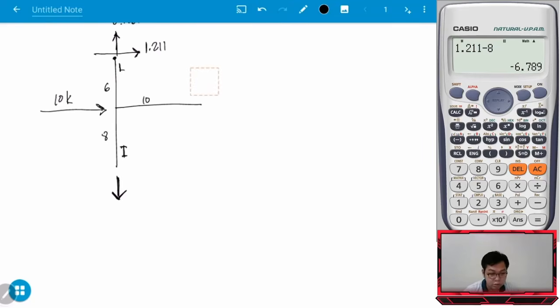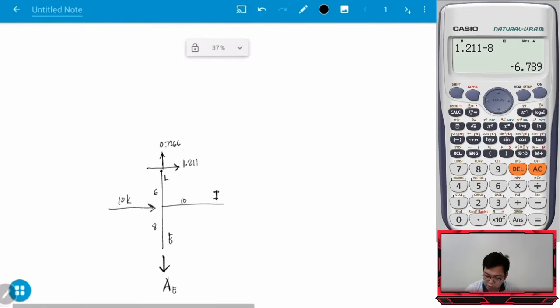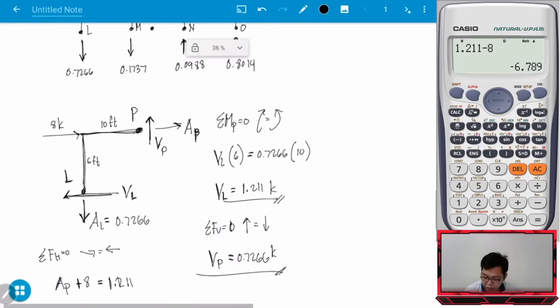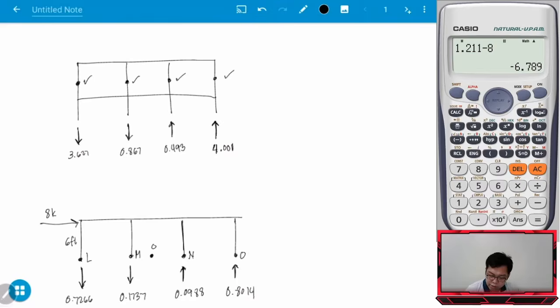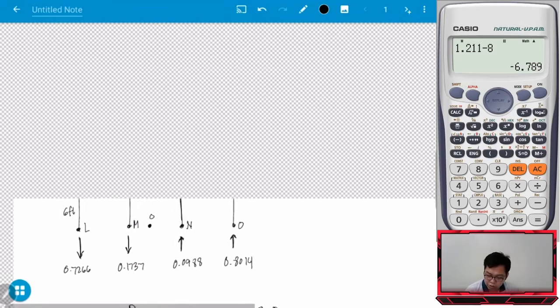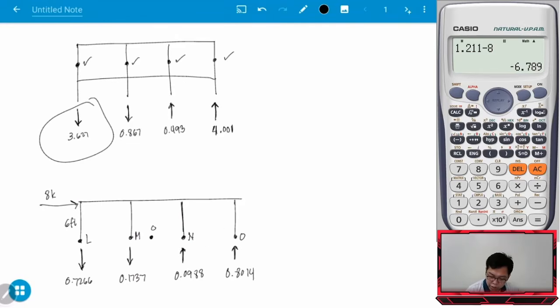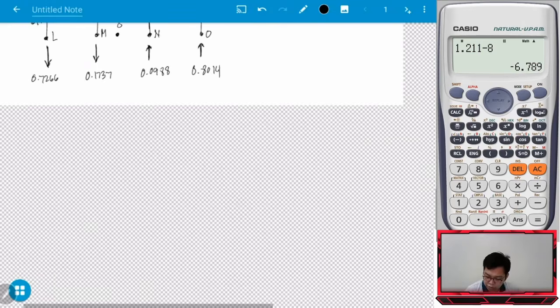Baliktad pala, kaya pala. So, this is actually our I, and then ito yung E. Nasolve natin yung E kanina, di ba? AE. Naalala nyo pa yung value ng AE? Check na natin ulit sa itaas, yung value ng AE. Ang value ng AE, guys, is 3.627. Okay? Ito yun na, ito. Yan, no? Yan yun. AE. 3.627. So, balik ko dito.